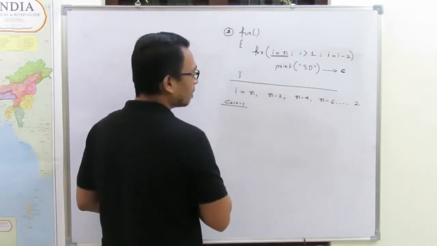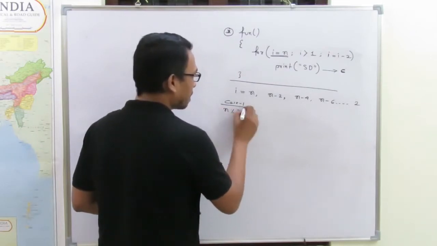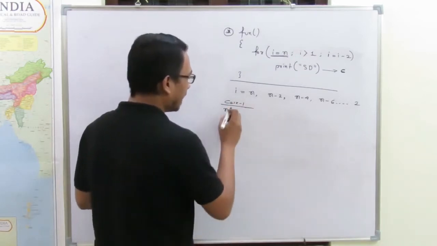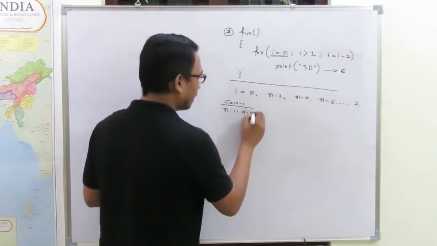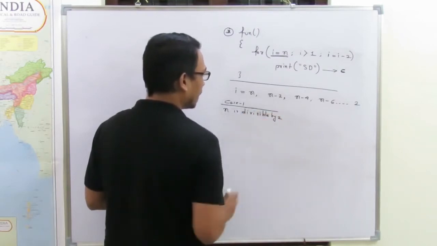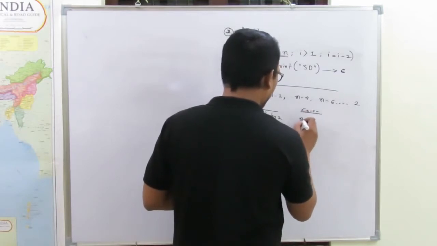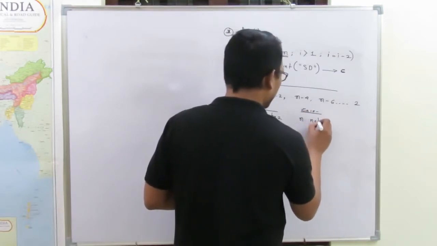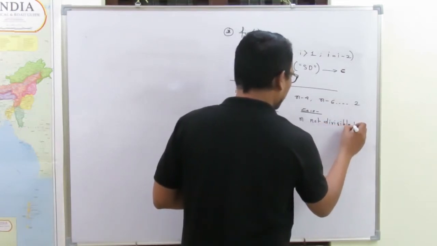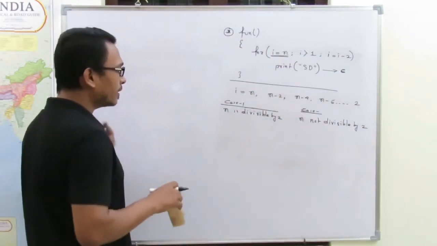Case 1 is n modulo 2 is 0, that means n is divisible by 2. And the other one, case 2, is n not divisible by 2.